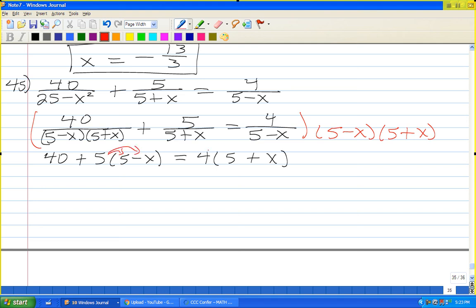Use the distributive property to multiply each of these constants inside the parentheses. So 40 plus 5 times 5, 25. 5 times minus x, minus 5x. 4 times 5, 20. 4 times x, 4x. Combine like terms. 40 plus 25, 65.